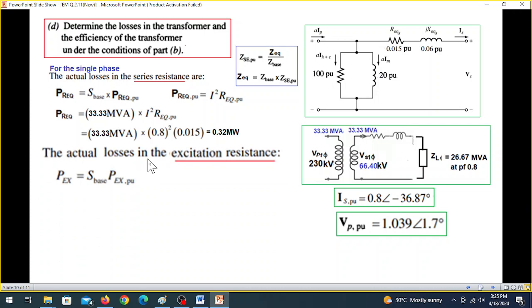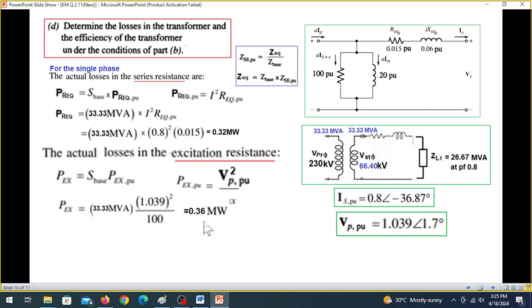So the actual loss in the excitation resistance is the same formula, except that the resistance is 100 PU. And since this is in parallel, we will use the V square over R formula, or V P square over R formula. So this is 33.3, and V P, we have found already, is 1.039, using that square and divided by this resistance of 100 PU.